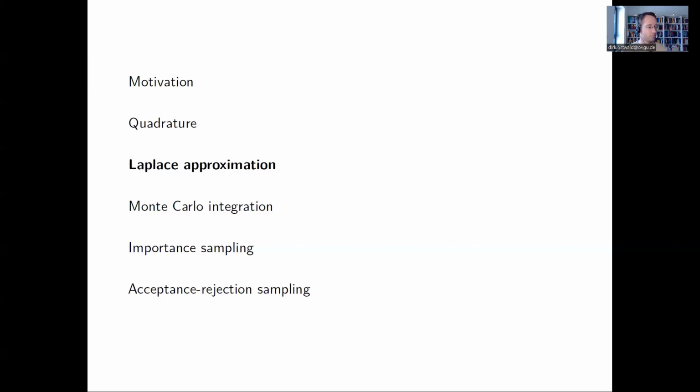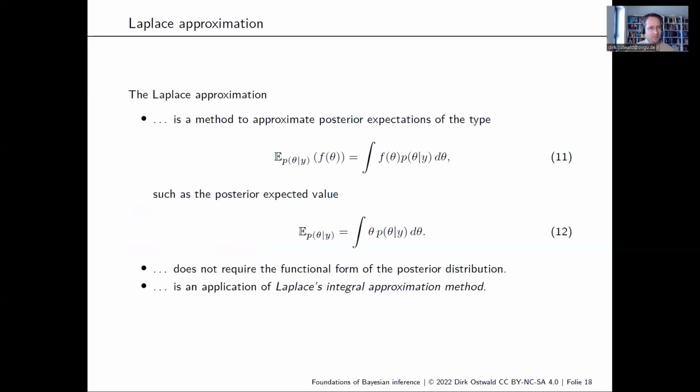So you approximate something, a function that you want to evaluate, by another function which is almost like your function, and here you do that in terms of integrals. And Monte Carlo integration then uses random number generators. So what is the Laplace approximation?